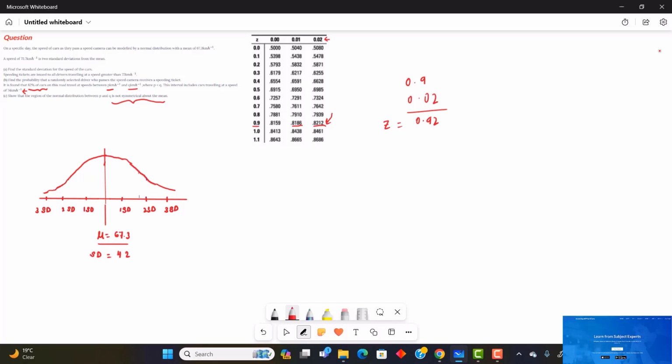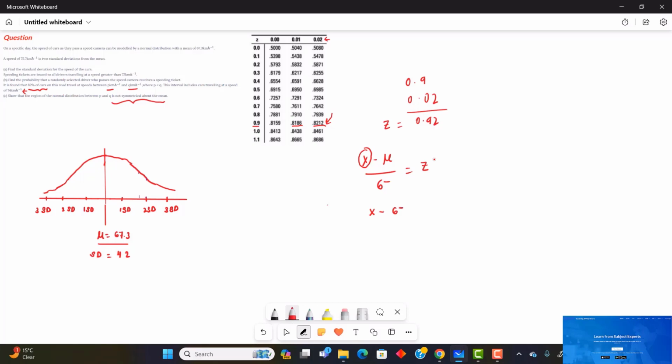Now again, after we have found out the z-score, we will use the same formula x minus mu by sigma is equal to z to find the value of x. So to find the value of x, let's plug in the values.